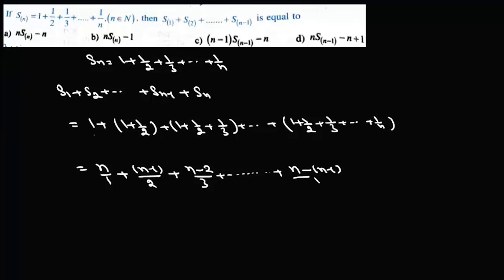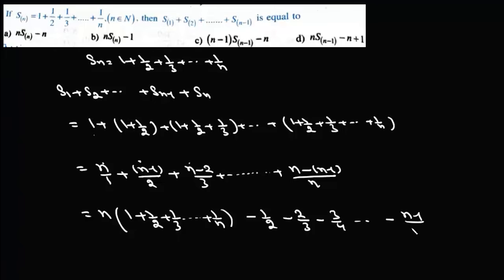We have this one n times, so we can write this as n upon 1, and then we'll have n minus 1 by 2, n minus 2 by 3, and in the end we'll have n minus 1 by n. Now what we'll do is, we'll take these terms of n together and we take n common.